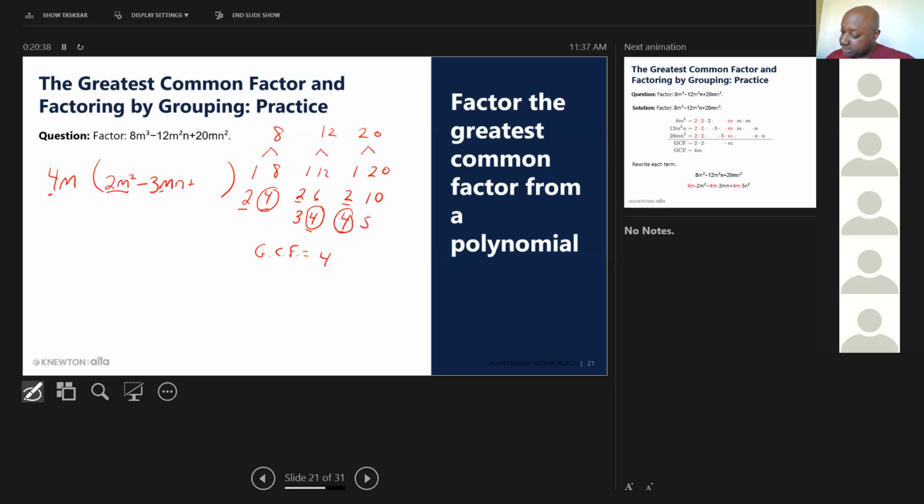So 4 times what will give me 20? Well, that's 5. M times what will give me m? Well, that's just 1 in parentheses, which I don't have to write, okay? Because that m has already been factored out. And now I just bring down the n squared.